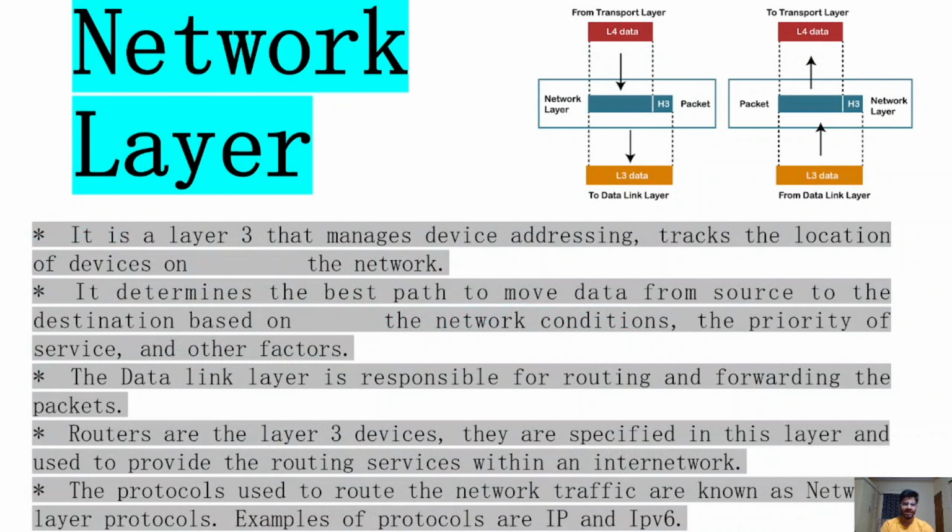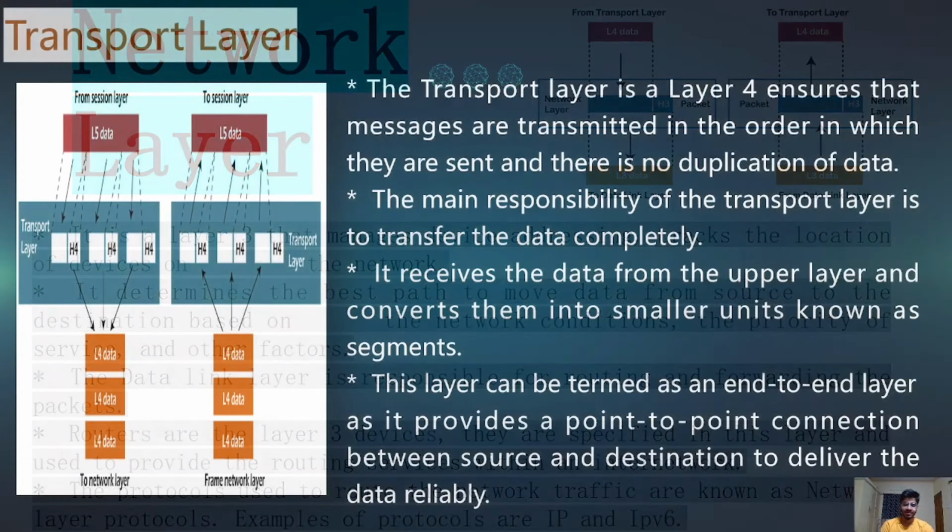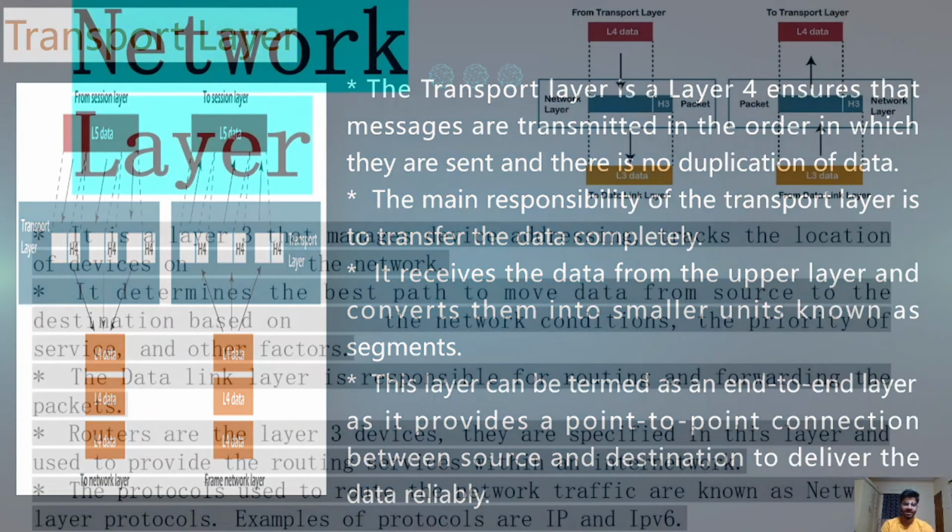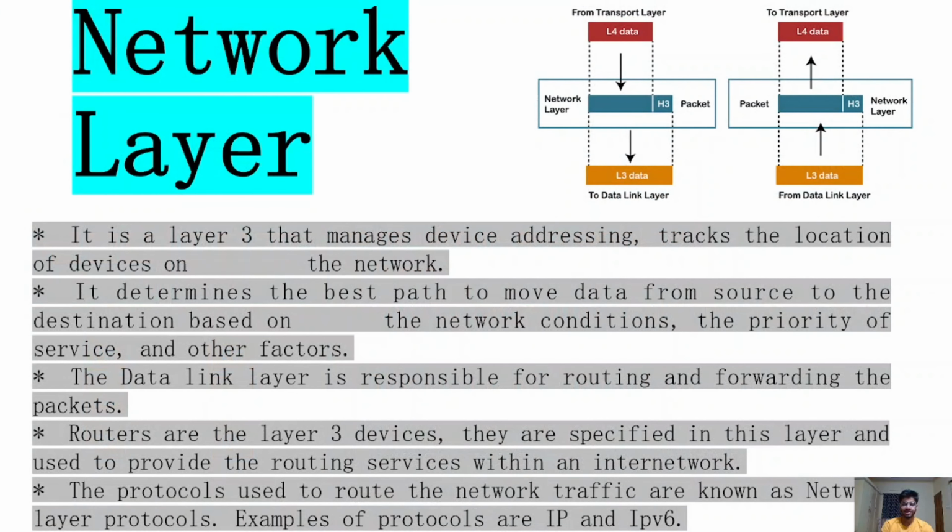Moving on to the network layer, it determines the best path to move data from source to destination based on the network conditions, priority of the service, and other factors. It is responsible for routing and forwarding the packets.